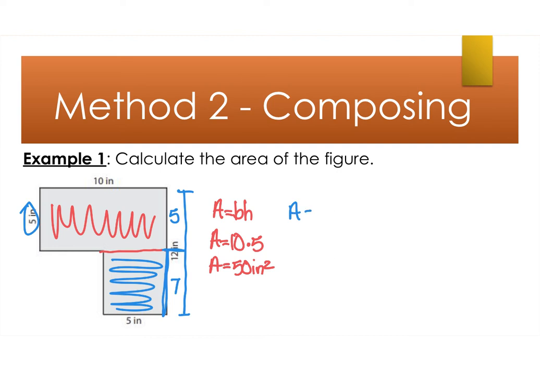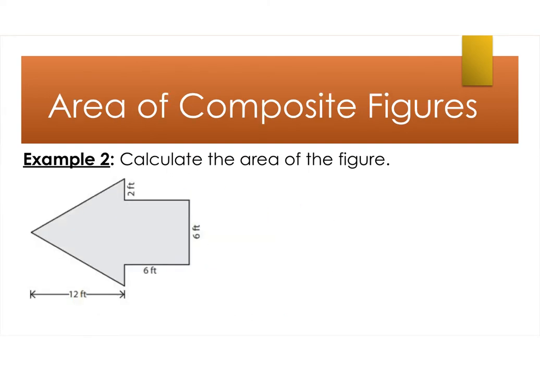So area equals base times height. It's 7 by 5. Now this time I'm going to add them together. So I have 50 inches squared plus 35 inches squared, which equals 85 inches squared.